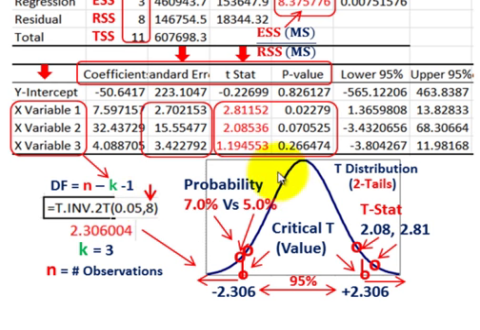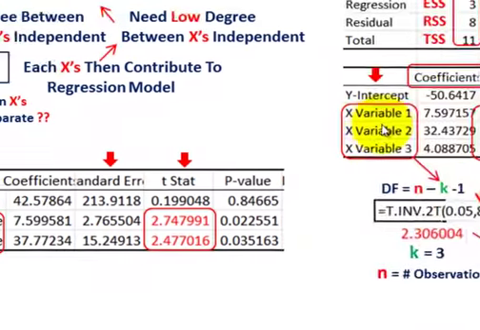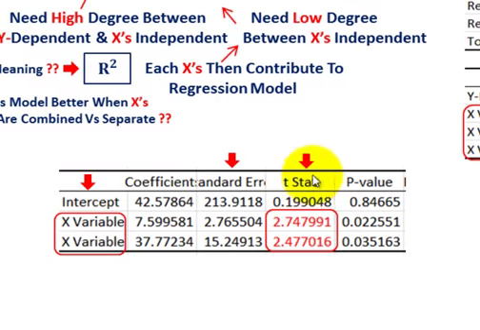Now, I could look at the case where I just regressed x1 and x2 together. And maybe we should go and look at that. Just looking at x variables x1 and x2, I did a t-stat on those. I left x3 out. And you can see our t-stat was 2.74 and 2.47.